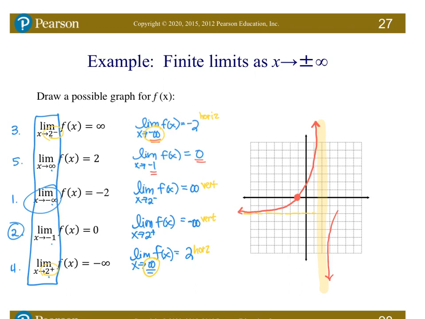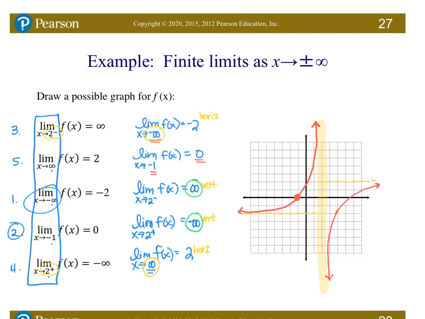If the infinity ends up after the equals sign, that'll be a vertical asymptote. And if neither are infinity, it's just a point. So my last one is a horizontal asymptote at 2. Better do that in yellow. Okay, got a horizontal asymptote out here at 2. So my graph is going to get close to that asymptote, but not touch it.